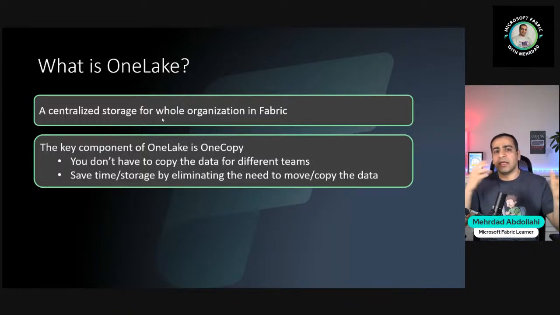They can just utilize only one data set. So the key component of OneLake is one copy. As I said, you don't have to copy the data into different teams. And of course, it is going to save time and storage for you by eliminating the need to move or copy the data.